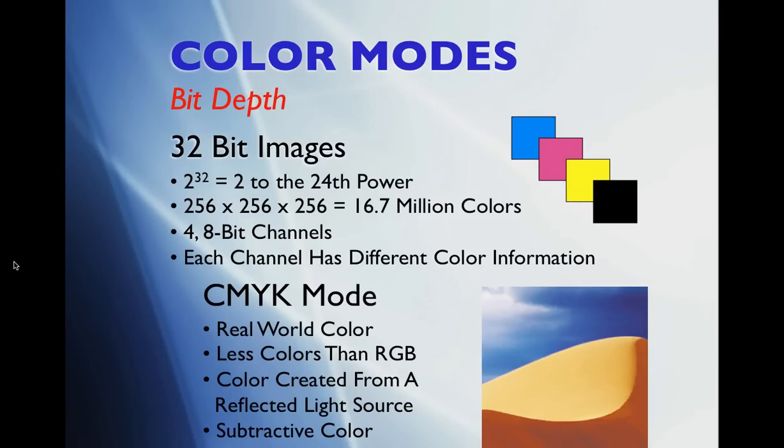It literally has less colors than RGB, because in CMYK, when we think of how our eyes work in the real world, we've got to have a light source that reflects off of the images around us, whether it's the sunlight or a fluorescent lamp or some other kind of light source. As we all know, in a dark closet, our eyes don't see anything. In CMYK, or what I call real world color, there has to be an external light source.